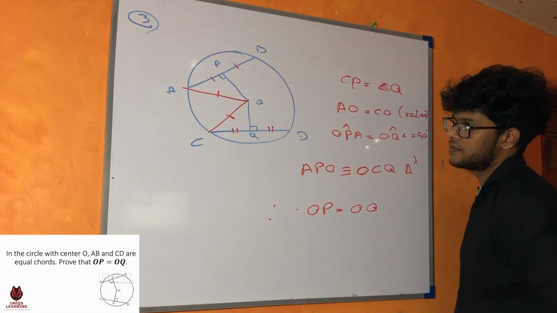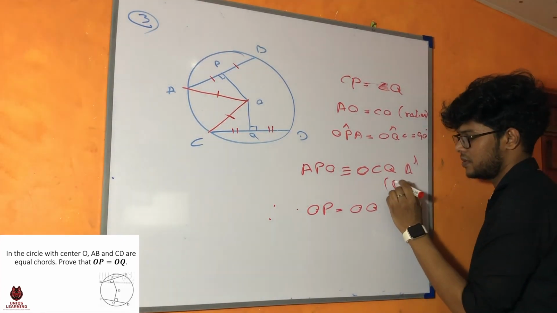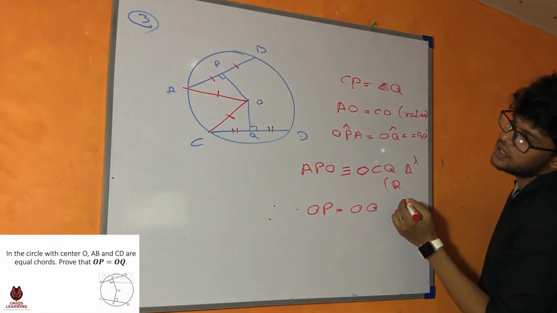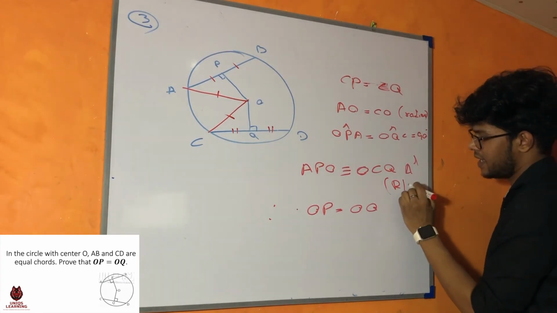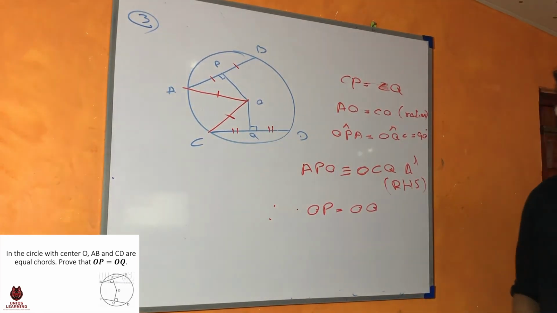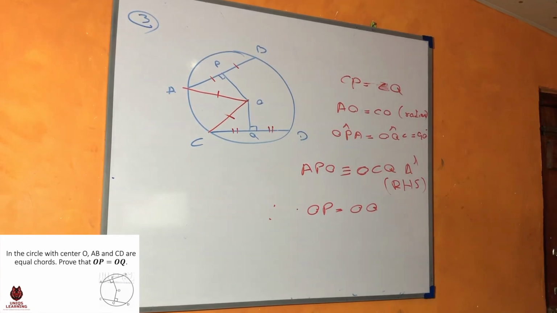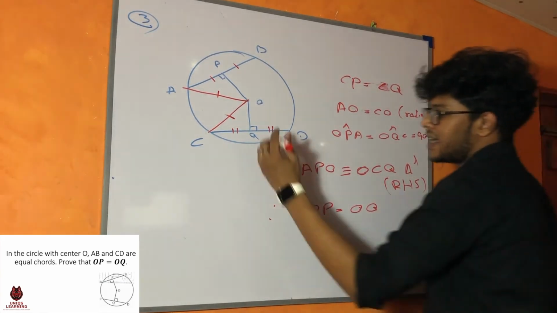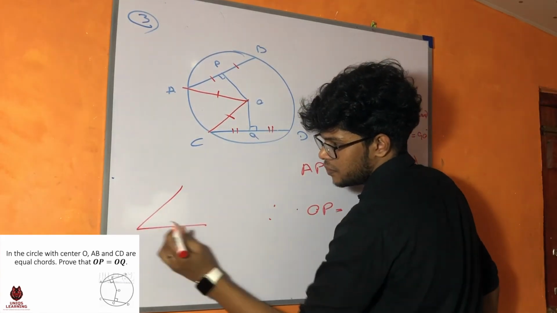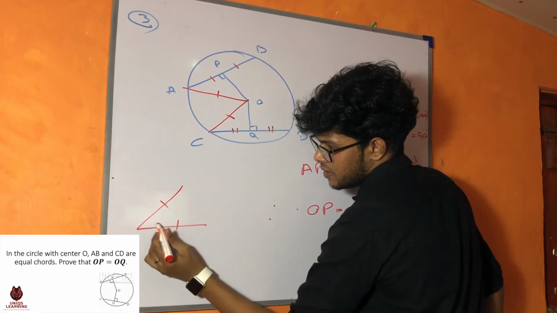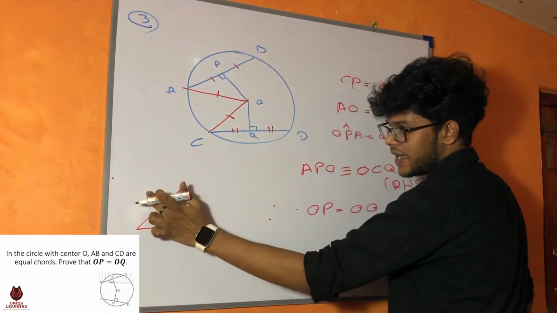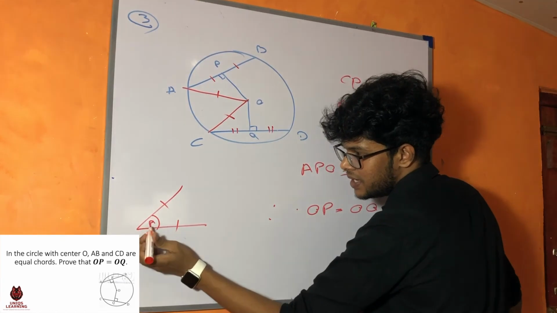Which case should we put? SAS? No, RHS. Right angle, hypotenuse, side. If you are using SAS, the angle should be in between the two sides.